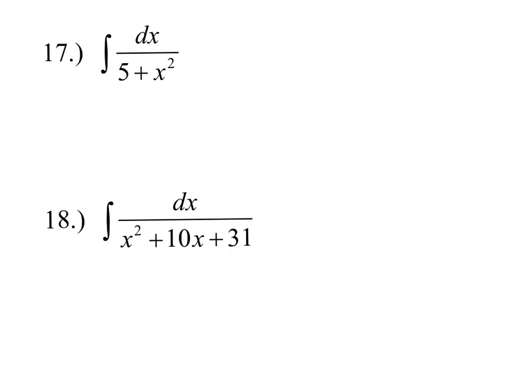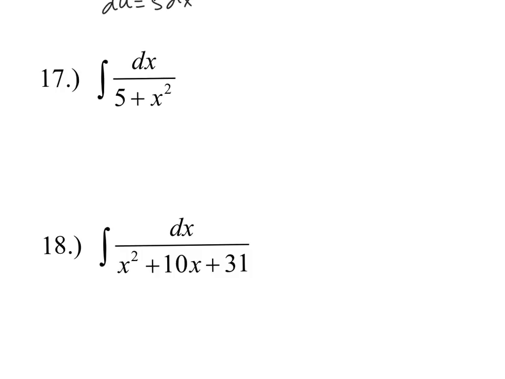And then number 17, you'll notice that it fits the pattern of the integral of du over a squared plus u squared. So its antiderivative is 1 over a arctan, or tangent inverse, of u over a plus c.